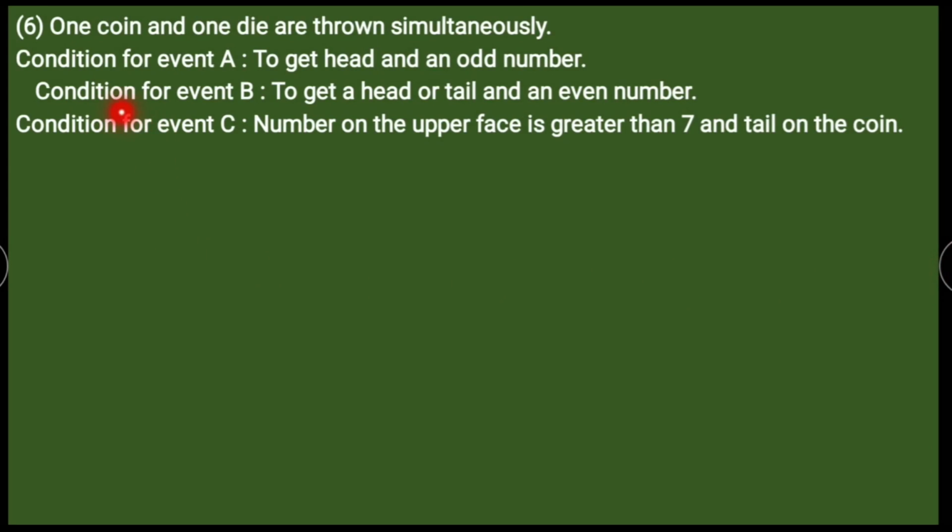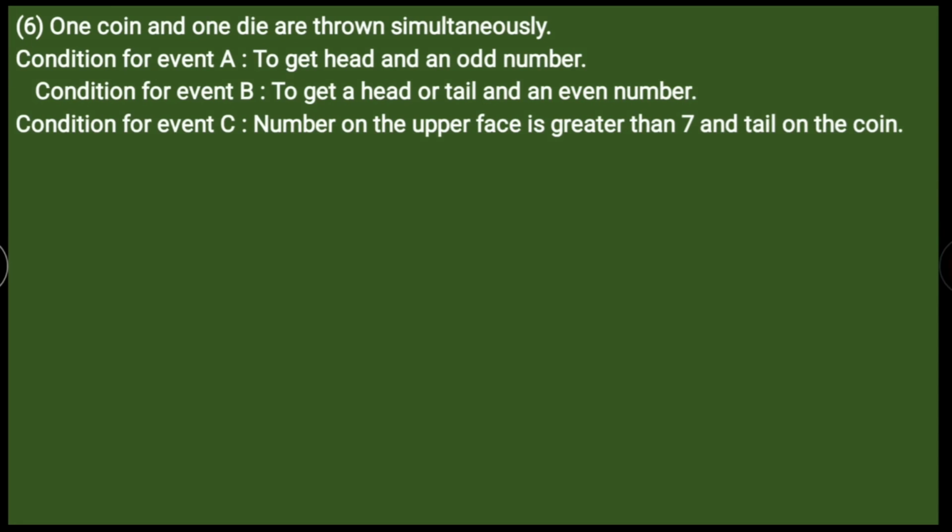Then the last sub question, one coin and one die are thrown simultaneously. Condition for event A is to get a head and an odd number. Condition for event B is to get a head or tail and an even number. Condition for event C, the number on the upper face is greater than 7 and a tail on the coin.